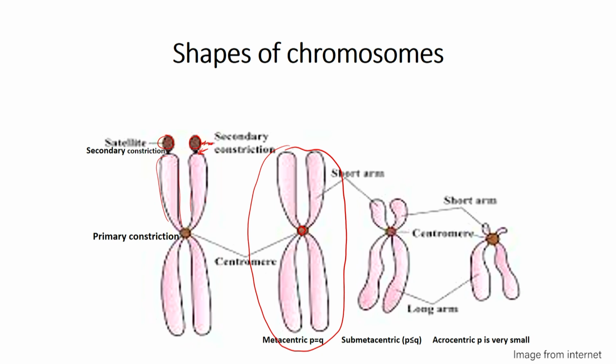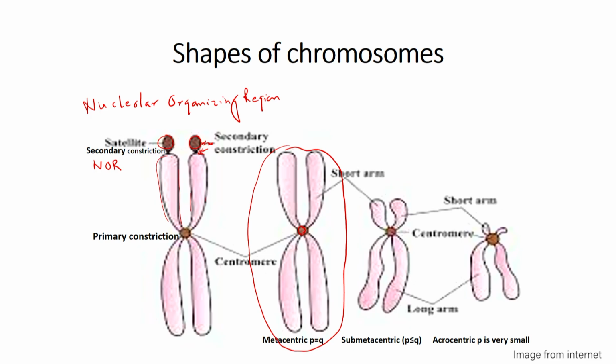This is the nucleolar organizing region. The secondary constriction is called NOR, or nucleolar organizing region, and thus they are called NOR.